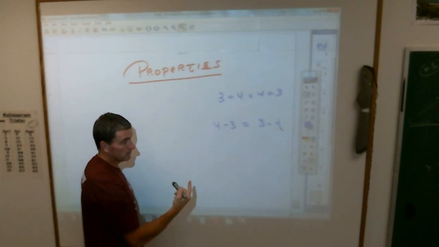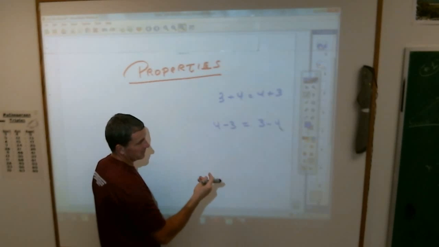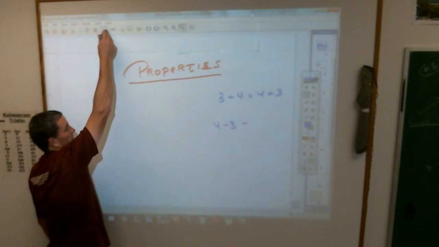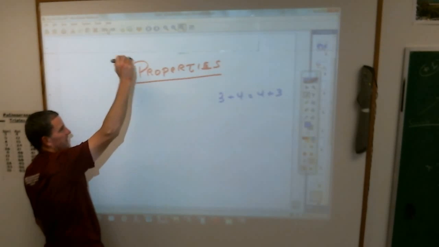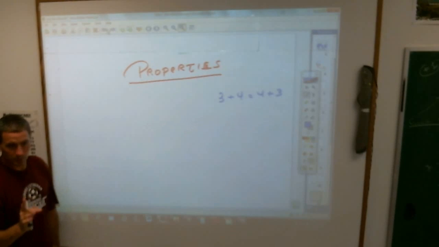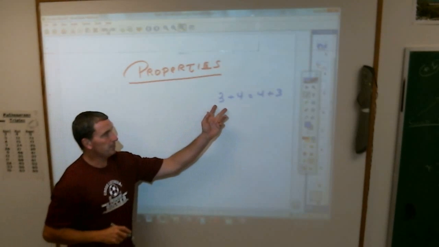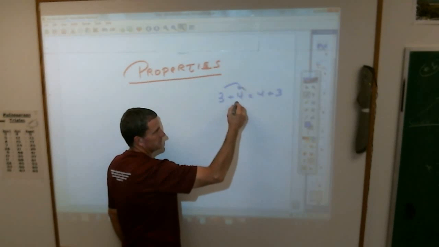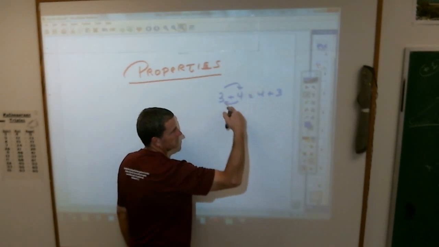It doesn't work. Okay, so there are some properties that hold true that you do that you don't really understand that you do. I'm gonna get rid of that, 'cause that's not part of it. What is this property called? Okay, and here's what you have to remember. In this property, you have moved numbers. They have changed places physically. This one went over there and that one went over there.